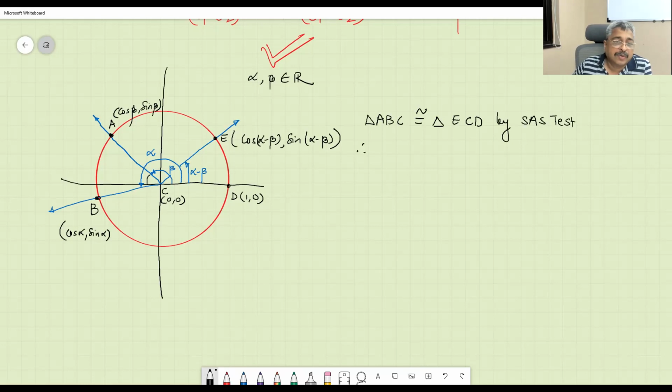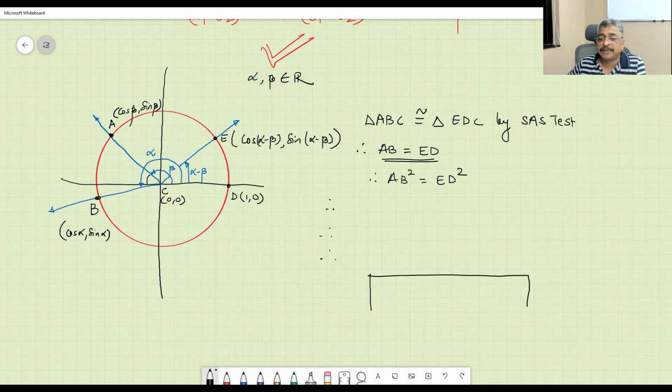Therefore AB equals ED. Oh, good. Therefore AB square equals ED square. Therefore, by the distance formula and simplification, we generate an identity.